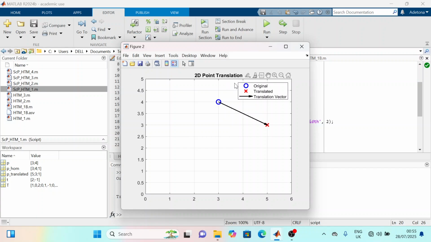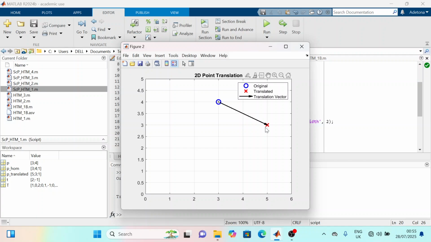This is trying to tell us that this original position with this zero marker, and the zero marker has a blue color, and this is where this point has moved to, this area, and we use x to represent translated position.